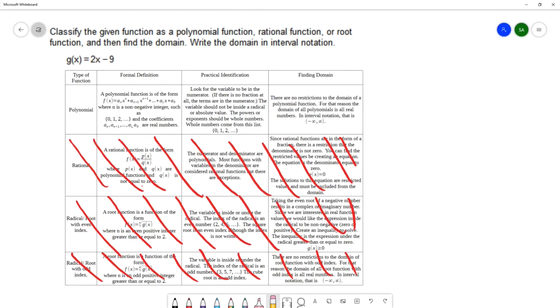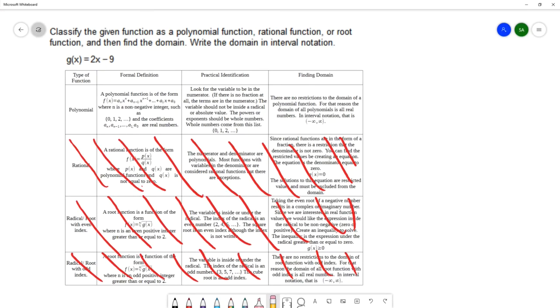So if you look here, I've got a list of the nice powers. We call those whole numbers, 0, 1, 2, 3, or your counting numbers, 1, 2, 3, 4, 5. So the power on your variable needs to come from those nice numbers for it to be considered a polynomial.